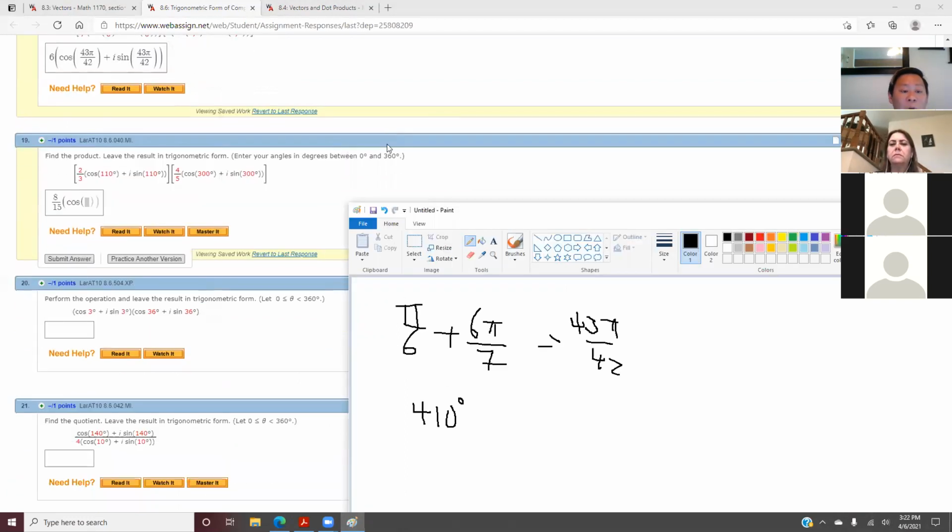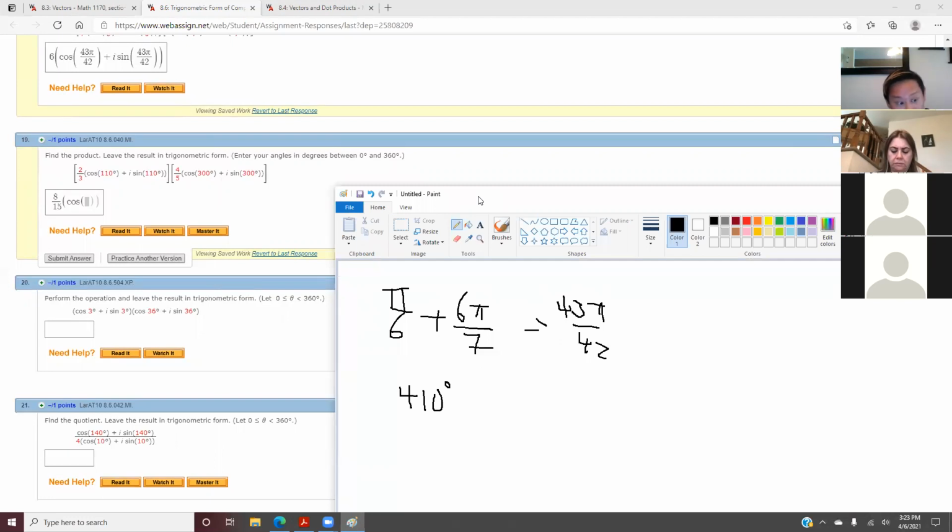However, the 410 degrees is over 360. So can someone convert 410 degrees into 0 to 360? You just subtract 360, you get 50.